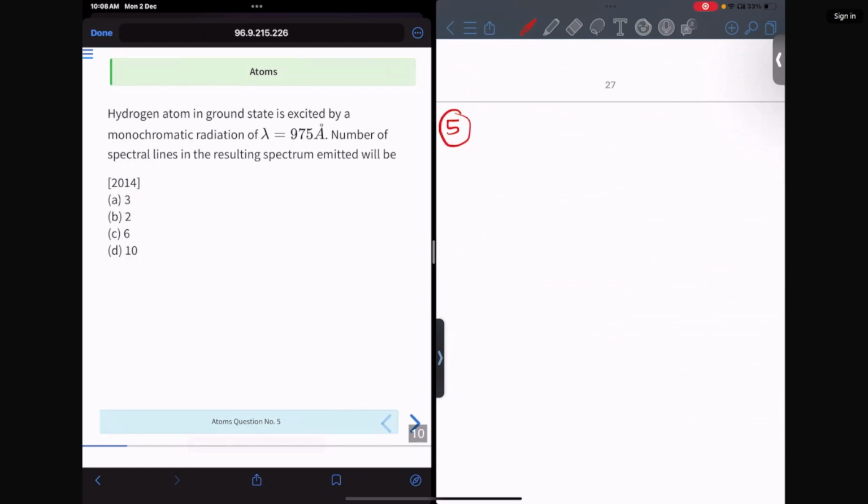Question number 5 says a hydrogen atom in ground state is excited by a monochromatic radiation of lambda equal to 975 Angstrom. What do you mean by ground state? Ground state means n equal to 1. Remember this.